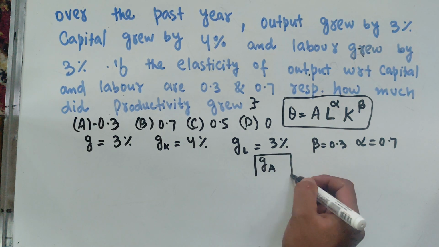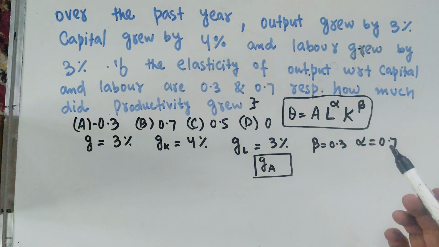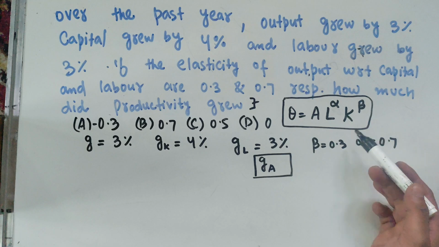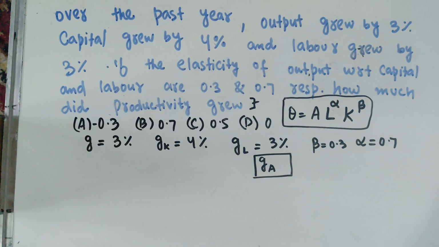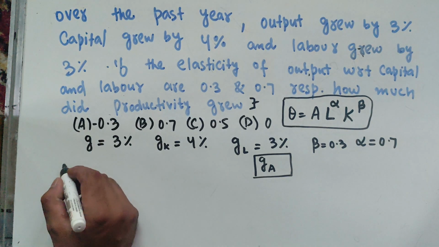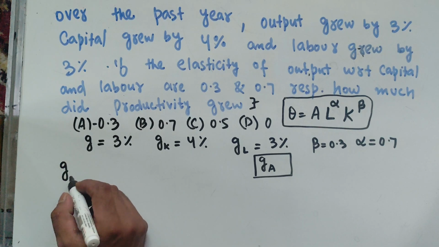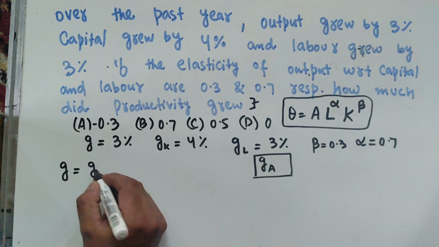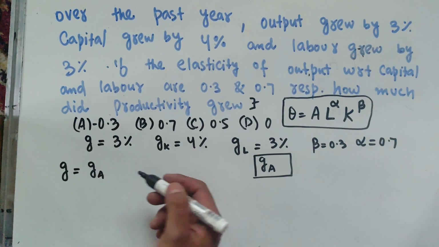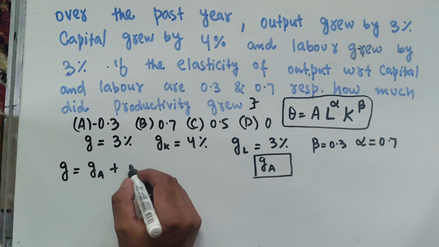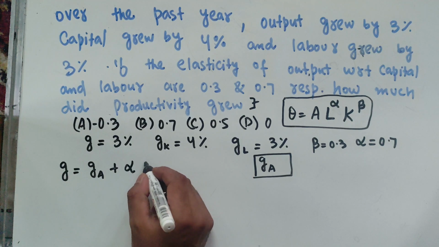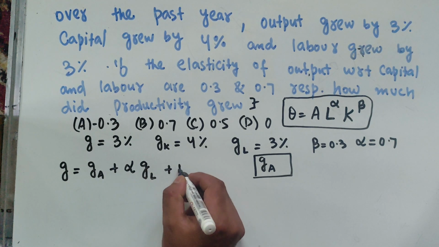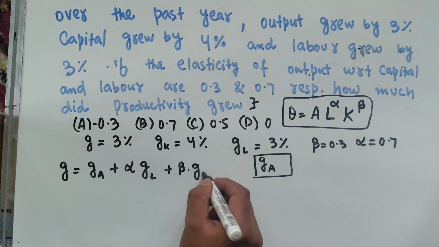Okay, so using the growth accounting equation, I will not derive it, I have derived it numerous times, so I will just write how to find it out. That is, the growth rate of output in this equation will be equal to growth rate of productivity plus alpha times growth rate of labor plus beta times growth rate of capital.